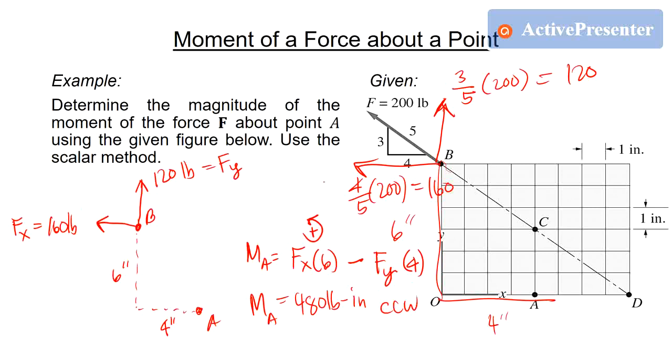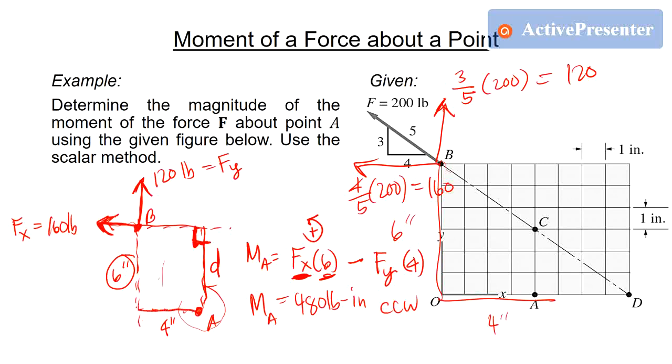So why is my solution like this? As you can see, Fx is going to the left and its effect about point A is counterclockwise. This is the perpendicular distance, which is the same as 6 inches. So force Fx times distance, 6 inches. Then we have the Fy 120 pound force going upward.